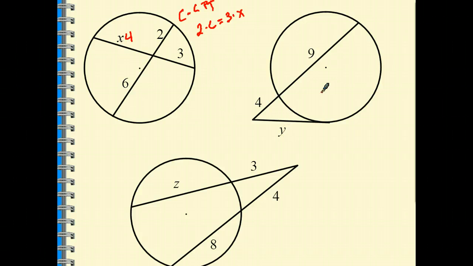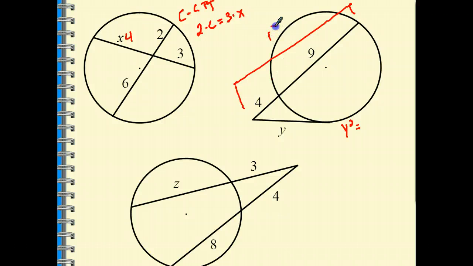Now let's take a look at this one. This is a tangent-secant, or a secant-tangent, depending on how you want to call it. This tells us that the tangent piece squared has to equal the product of the external piece times the entire thing. So y squared is going to equal 4 times the entire thing, which is not 9.